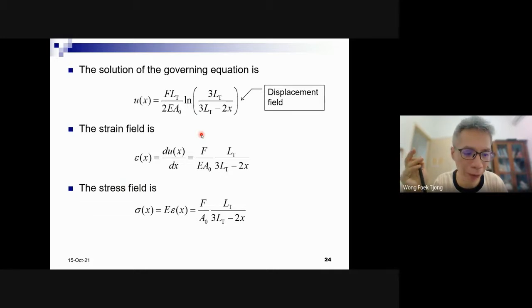However, if you still have any question, please ask. This is just a description of the bar problem. We have governing equations, and using the governing equations, for a bar it is not too difficult to get the exact solution using simple calculus.